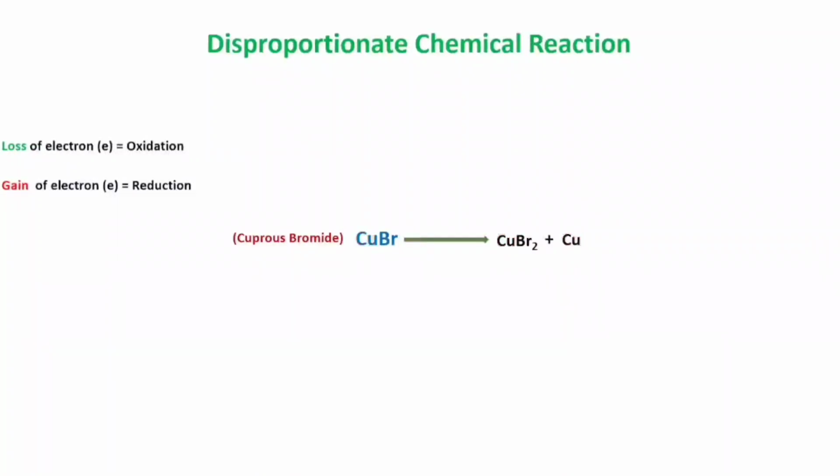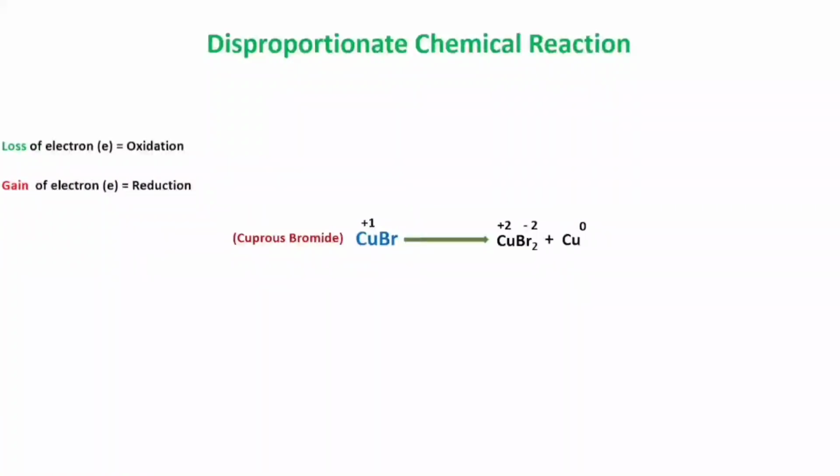On the reactant side, the oxidation state of copper is +1. But on the product side, the oxidation state of copper in the compound with bromine is +2, and in the free state, its oxidation state is 0.